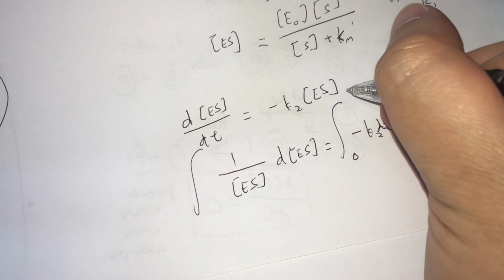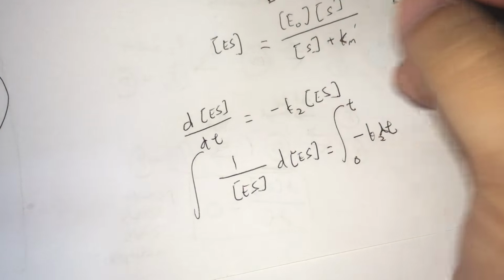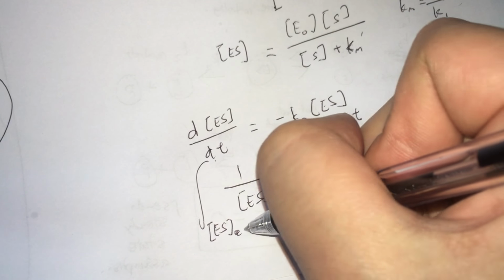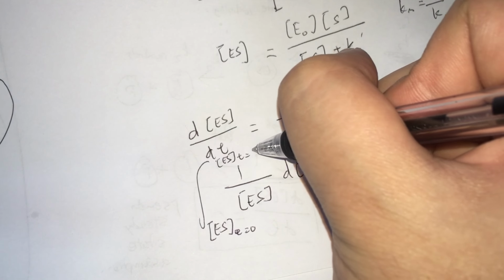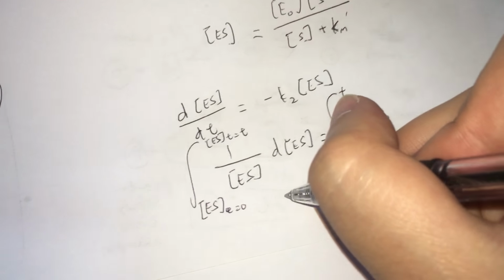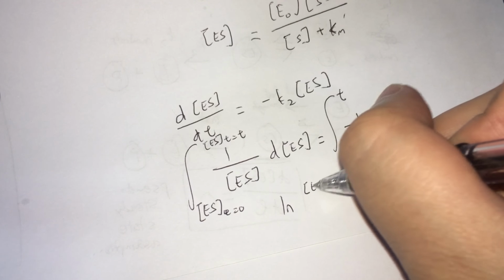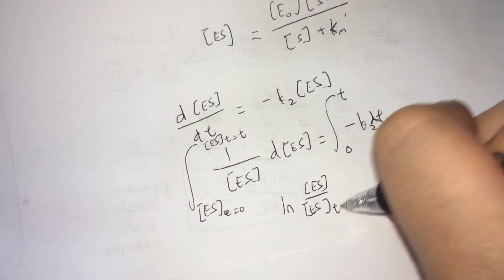So this is from t equals 0 to t equals time t. So this is ES at t equals 0, ES at time t. So you will have some ln of ES at time t over ES at time 0.